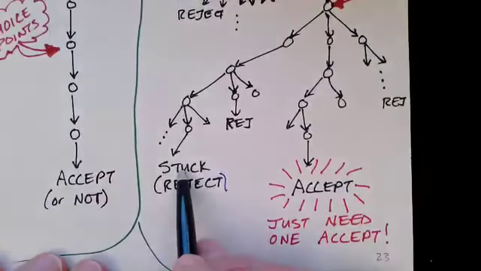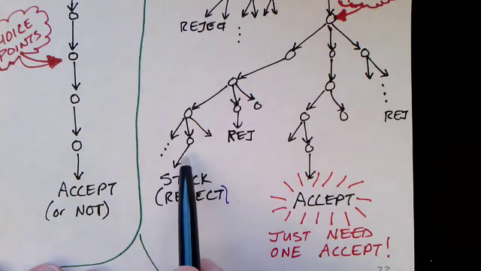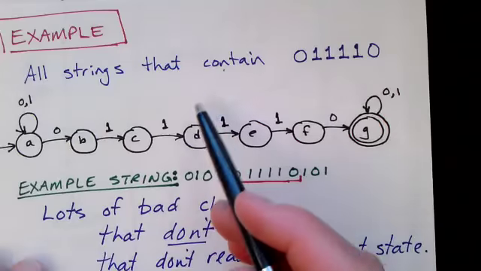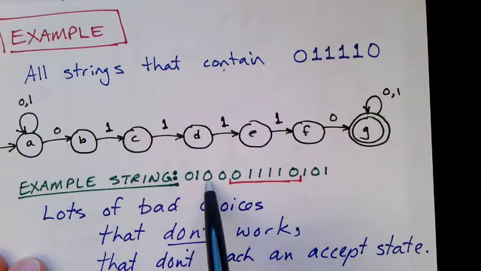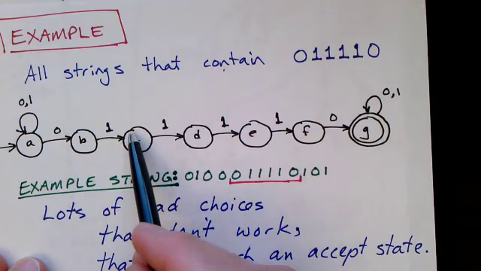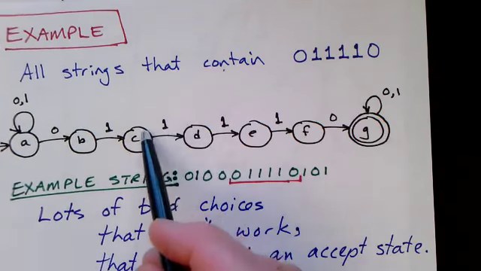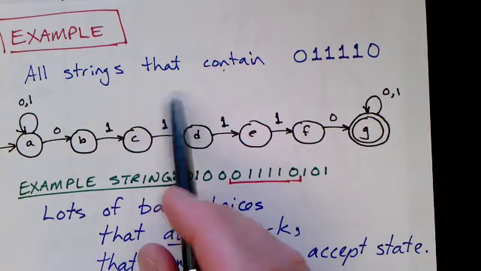Some might get stuck. We saw in our previous example that there were some states where there was no possible edge to take. Just to repeat that, if, for example, I had taken 0, 1, and then when I see the third 0, I'm in state C, there's no choice here. So I'm effectively stuck. With deterministic machines, we have to have a dead state, and we assume there's a dead state.